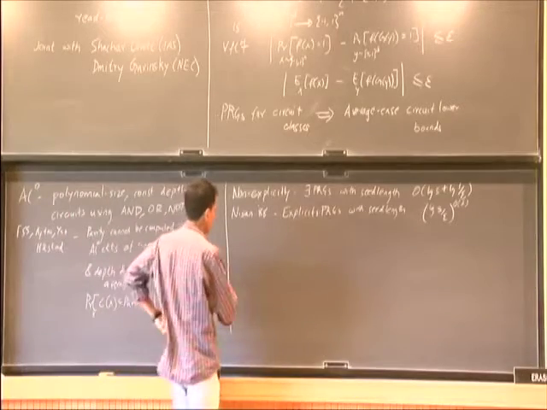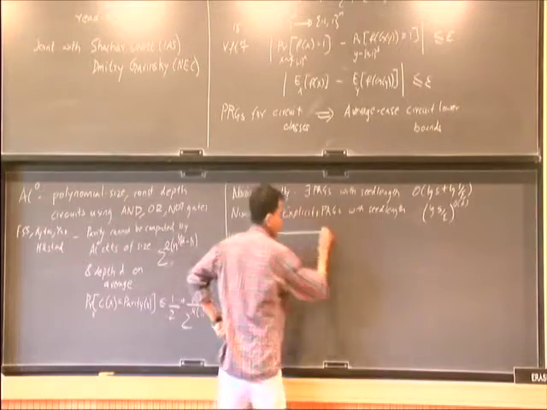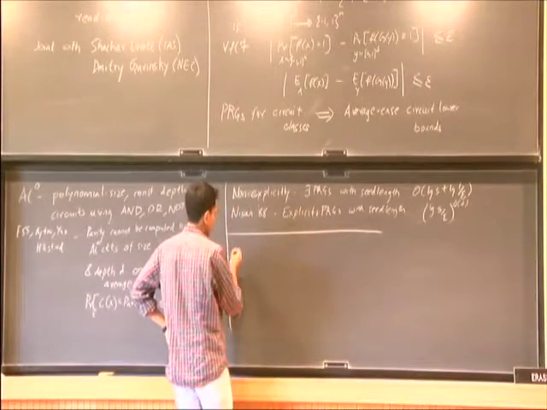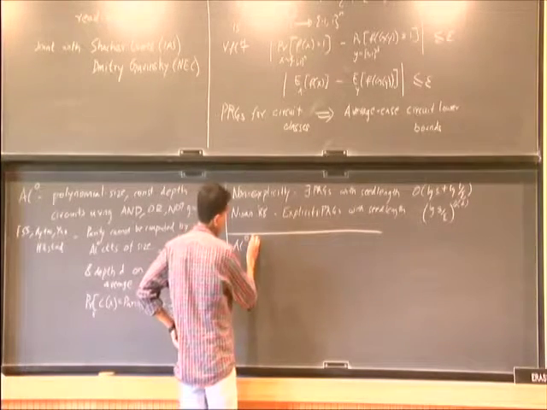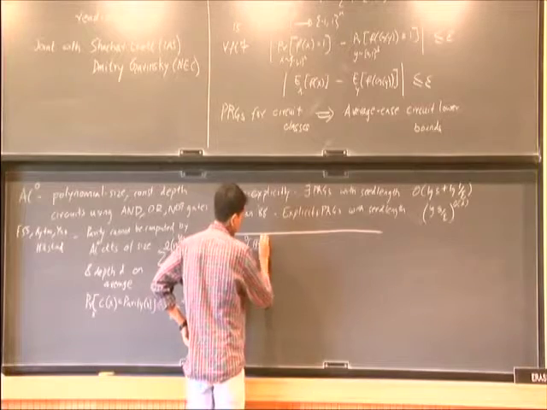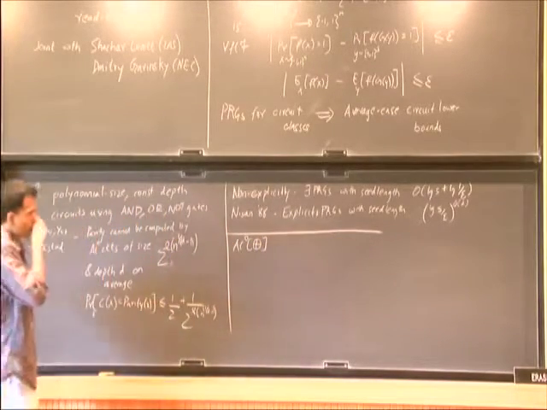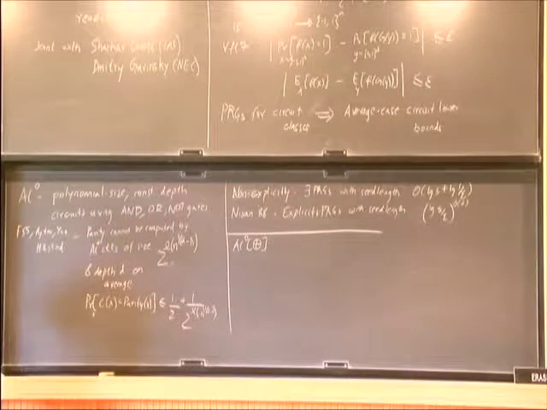But our attention today is more or less focused on a related and slightly stronger circuit class, which is AC0, but with the added power of parity gates. I know that parity cannot be computed by AC0, but what if I augment AC0 with the power of parity gates?